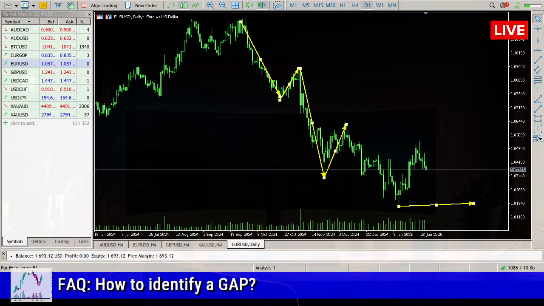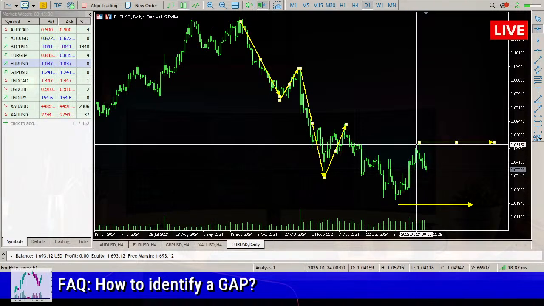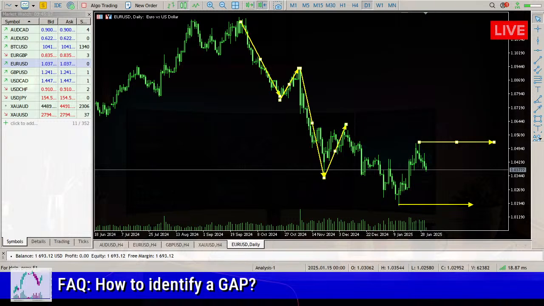Let me align it first. For example, resistance here. But we need to know that this high area is newly created, so we have to reverse the resistance from the previous high.